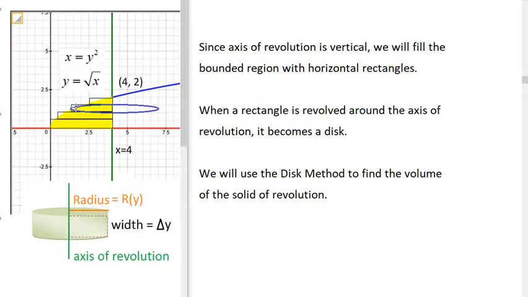And so if we revolve this rectangle right here about the line x equal to 4, then we'll get a disk like this. And since this disk has no hole in the middle, we'll just use the disk method.